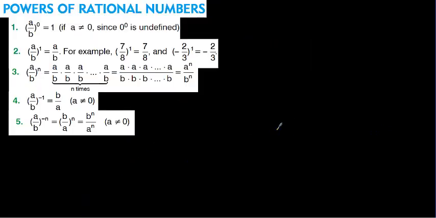Okay, powers of a rational number like a over b to the power of 0 is going to be equal to 1. So something to the power of 0 is equal to 1, except 0 over 0 is undefined. We learned this one before, that's why we are not going to repeat it here. A over b to the power of 1 is itself.